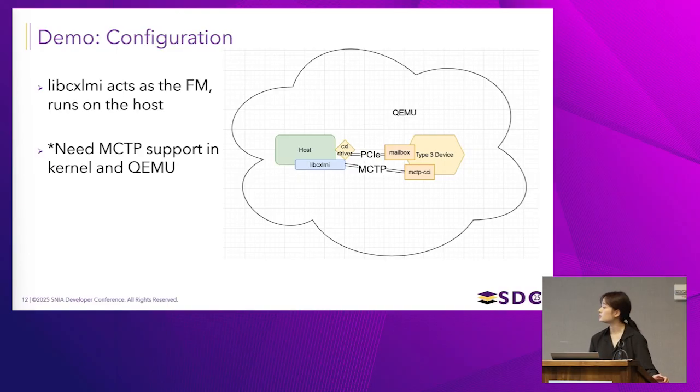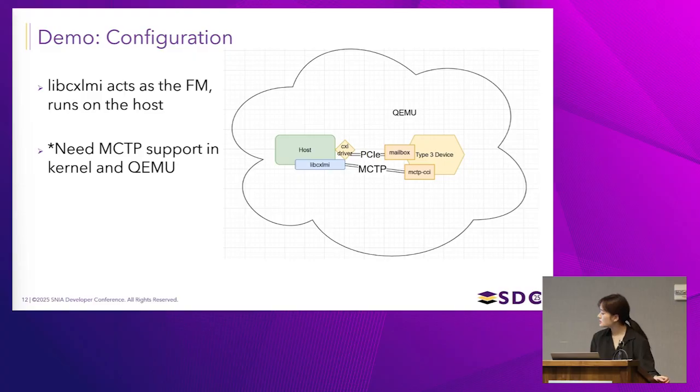So therefore, libcxlmi will run on the host in this configuration, acting as the fabric manager. And this is a little different from the first example of the topology I showed, where the fabric manager was run on a BMC. But if you remember, the fabric manager is a logical process and can be run on either.